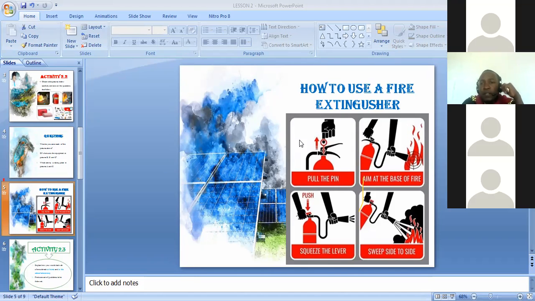On this platform, is there any member who has ever used the fire extinguisher before? A member who has maybe used it or has seen it being used. Yes, I'm seeing Pretty saying yes, right? Can you go ahead to tell us which gas is used in a fire extinguisher?